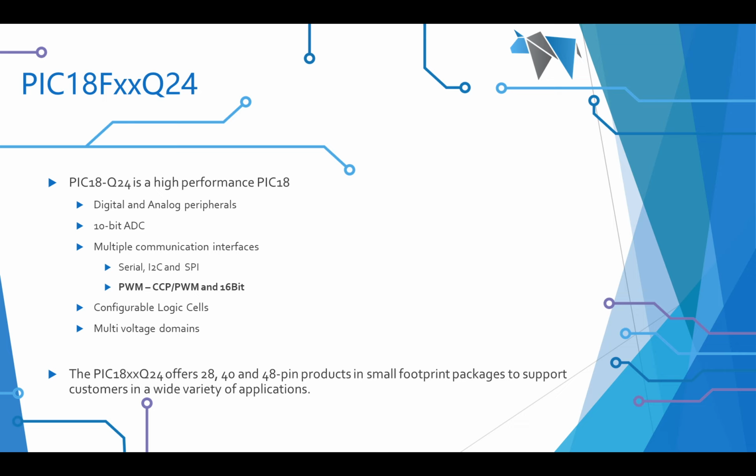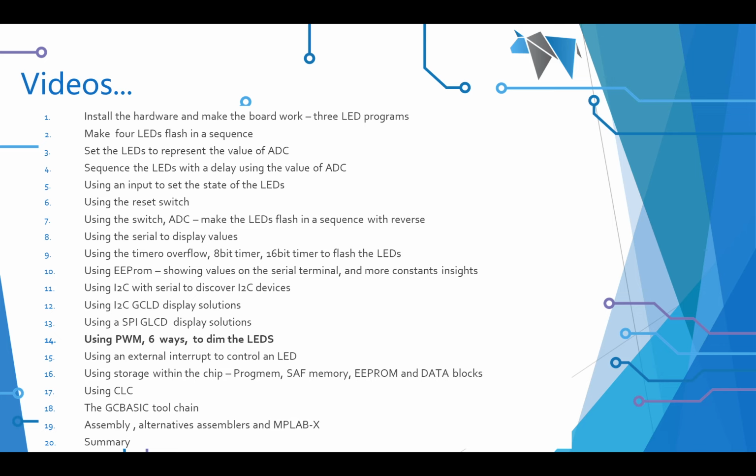PWM is what I'm going to use now, and we're going to look at it in many different ways, including the ones within the microcontroller itself. That's CCP, PWM, and 16-bit PWM. We'll look at both of those as well. So we're looking at it in 6 ways to dim some LEDs.